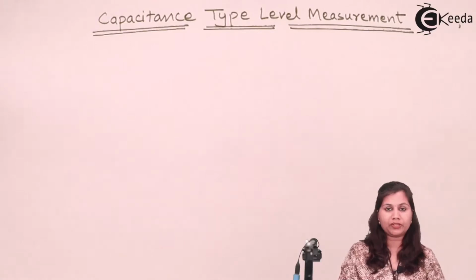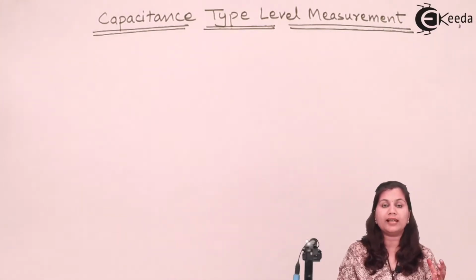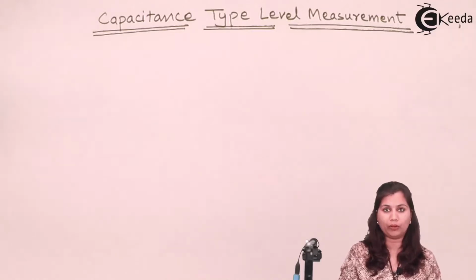So to find out the amount of liquid, we measure the level of the liquid which is stored in a container or a vessel. So we can say that for industrial applications, the measurement of level is very important.